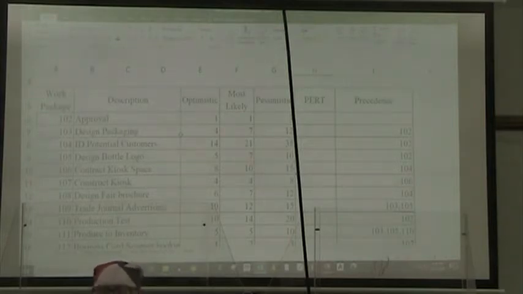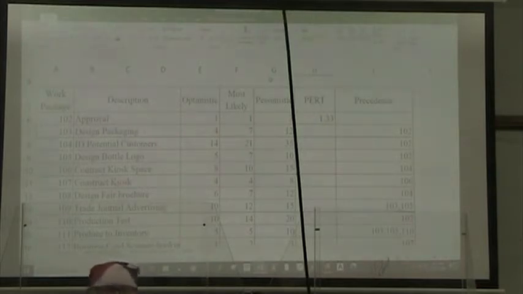So therefore, I go equals, left parenthesis, optimistic plus 4 times my most likely time plus pessimistic time, right parenthesis, and divide that by 6, and I get 1 1/3 time periods as the most likely time to complete this project, or our PERT time.